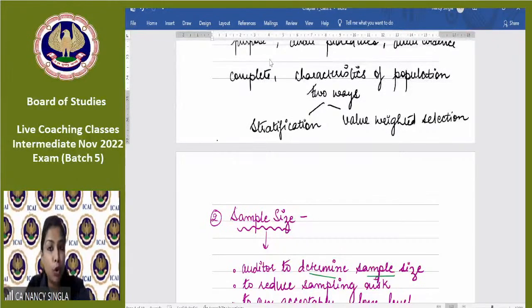It should be more or it should be less. If the auditor intends to reduce the sampling risk, should he select a larger sample size or a smaller sample size? Quickly send in your replies.